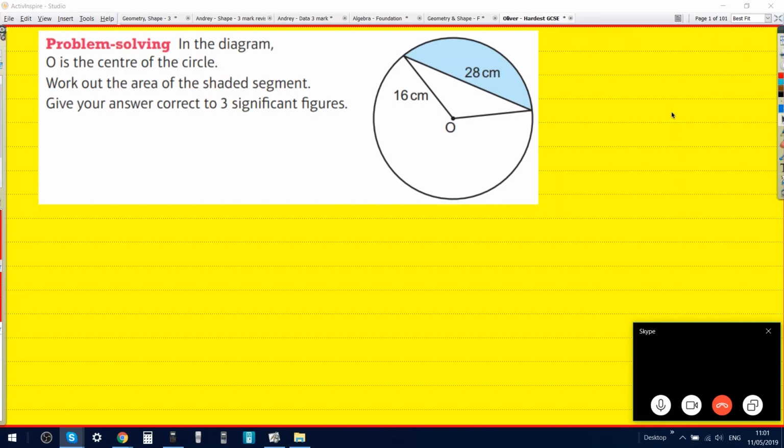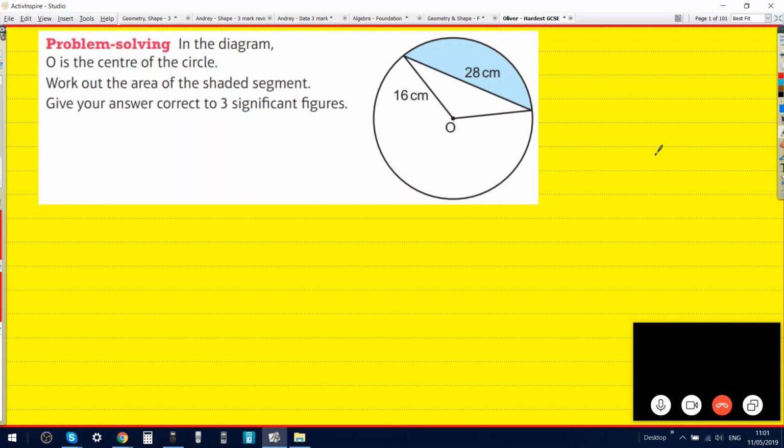Yeah, so how do we do this one? That's going to be circle theorem. Not really sure.